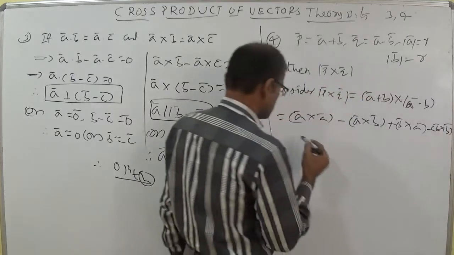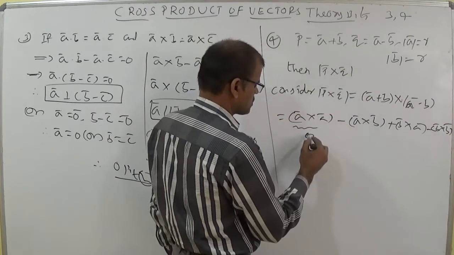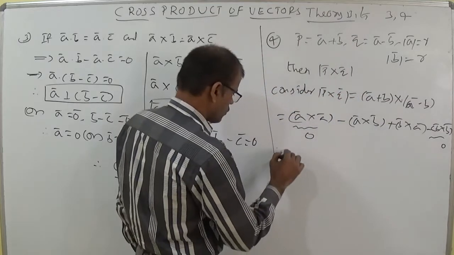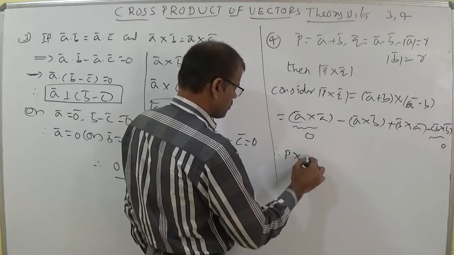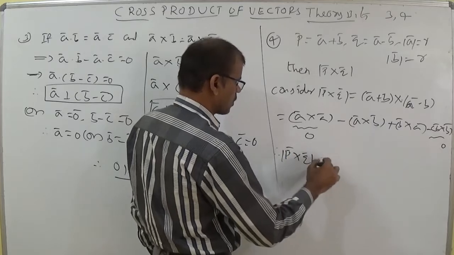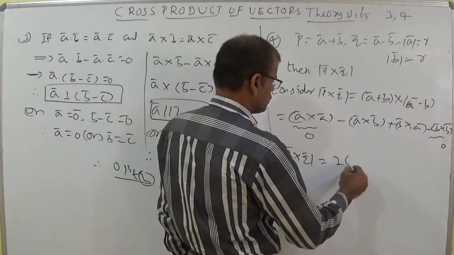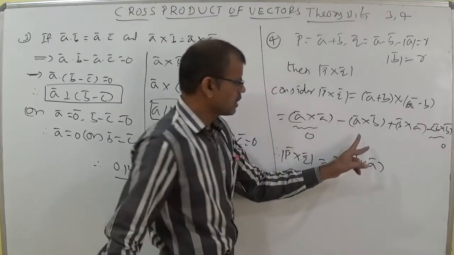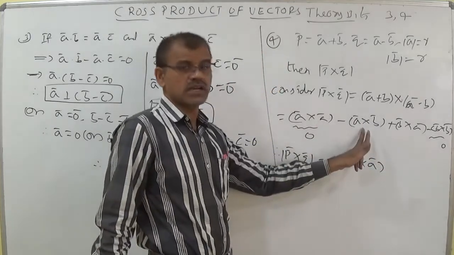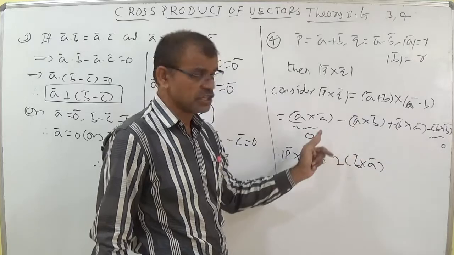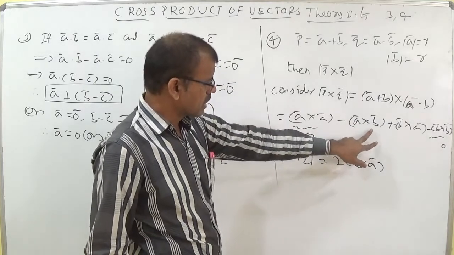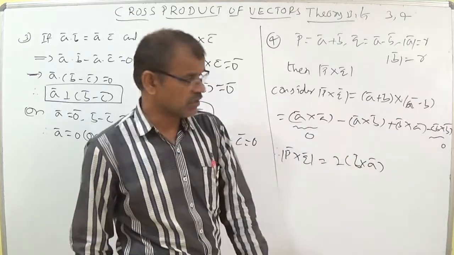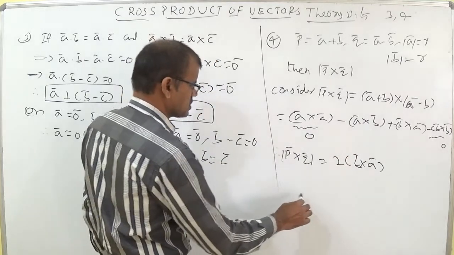You know that the cross product of same vectors is 0. Here this is 0. Therefore, you can write here modulus of P bar cross Q bar is equal to 2 into B bar cross A bar. Because this minus taken this side, then the cross product symbol will change, then the cross product terms also change. Since B cross A you can write here, it becomes 2B cross A.